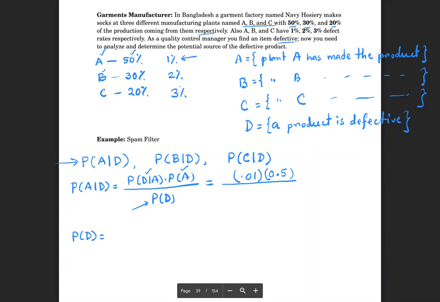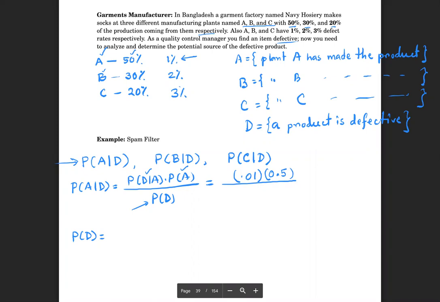So I got a product and there are 3 plants that make these products. I got a product that's bad. Now, if I want to find out the probability that the product is bad, we've got to first ask the question, where is it coming from? It could come from either plant A, or plant B, or plant C. It couldn't come from anywhere else, could it?